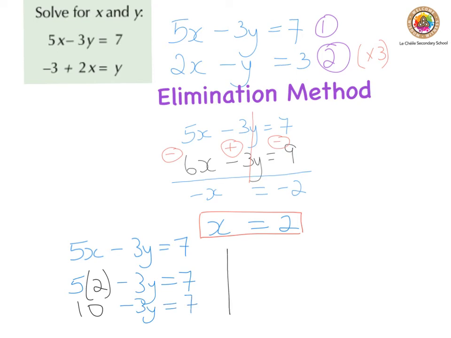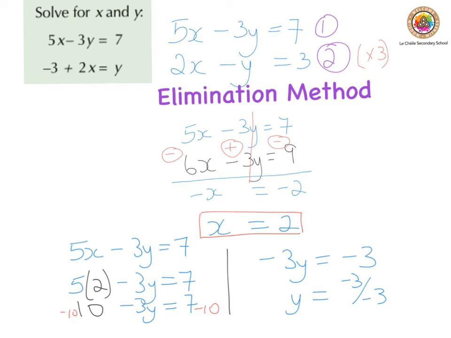And just going over here. Again, I want to get rid of the 10 on this side, so that's minus 10 here, which means minus 10 here. So I'm going to have minus 3y is equal to, well, 7 take away 10 is minus 3. And so now just to get y on its own, y is equal to minus 3 divided by this minus 3 here.